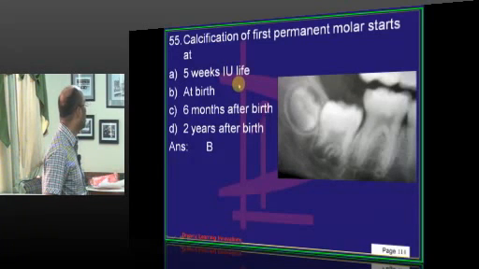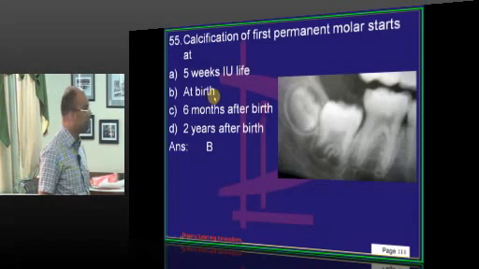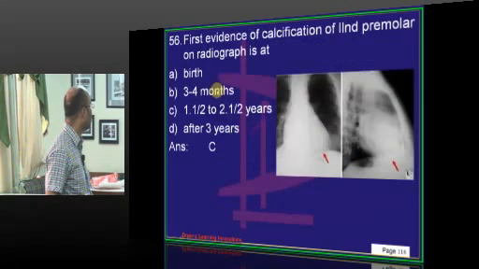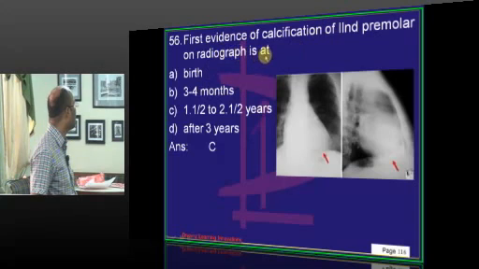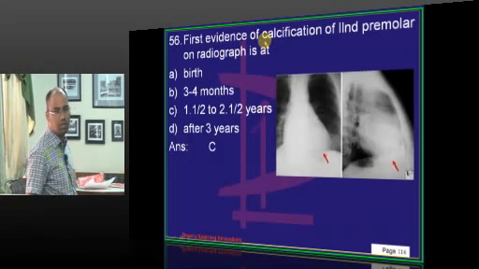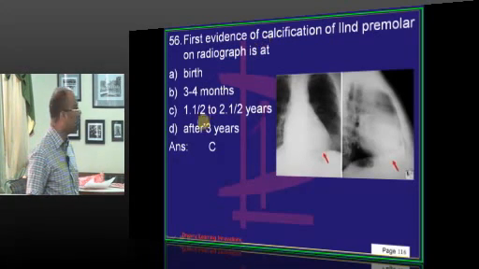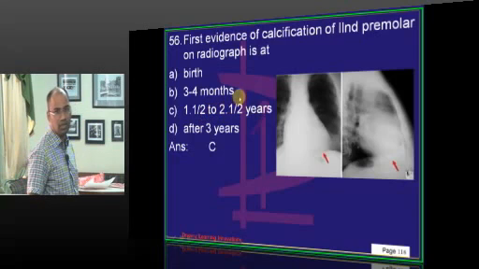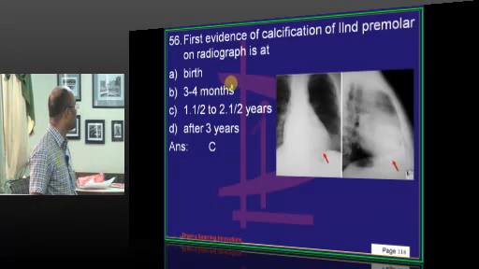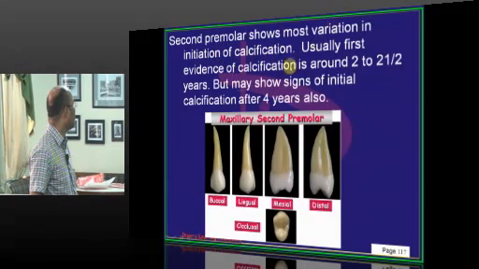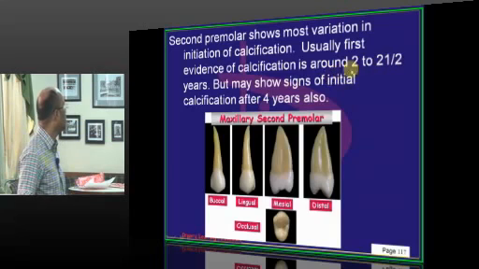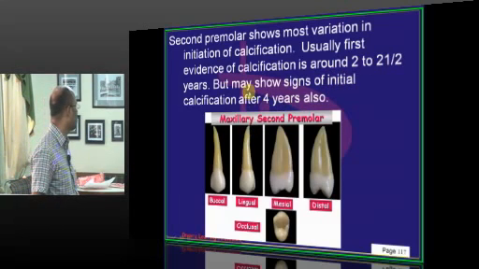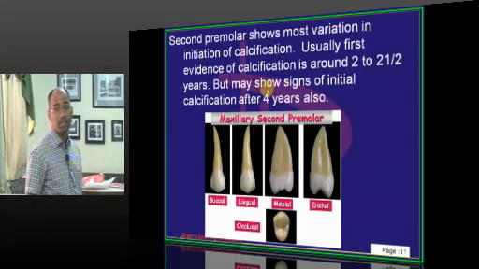Calcification of the first permanent molar starts at birth. First evidence of calcification of the second premolar on radiograph is, as I told just now, between 1.5 to 2.5 years. Premolars. The second premolar usually has the most variation in calcification, around 2 to 2.5 years. But sometimes it may show initial calcification after 4 years also.